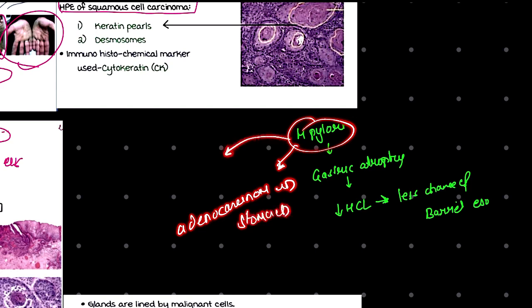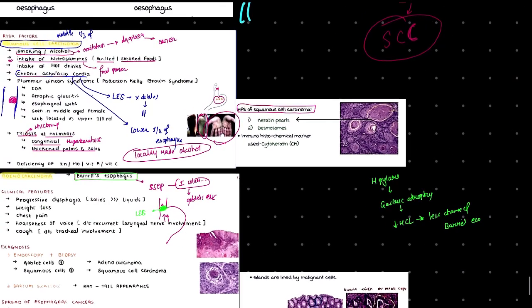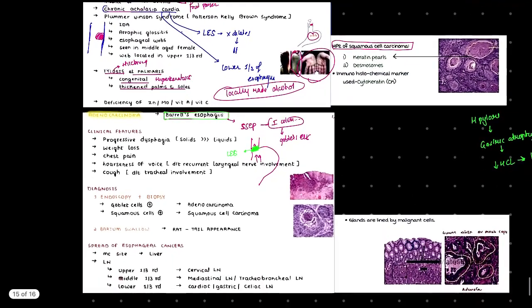But here what we are finding right now is, it protects or prevents the adenocarcinoma of esophagus, because it is causing gastric atrophy. But since it is causing gastric atrophy, it will enhance adenocarcinoma of stomach. So this is one important concept that we need to get.